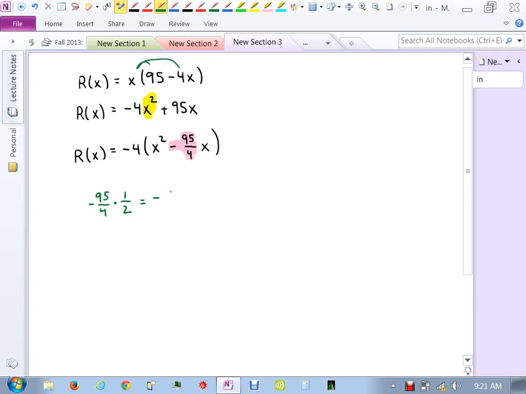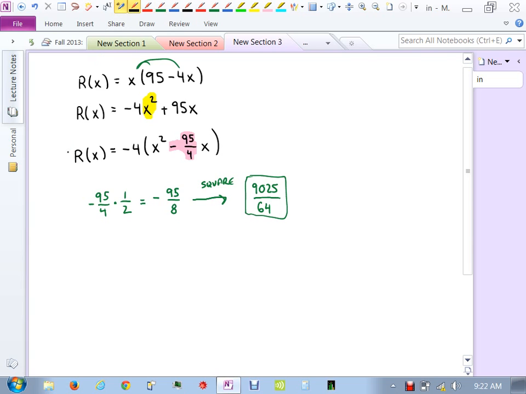So this gives me negative 95 over 8. Now I take that number and square it. When I square that, I get 9,025 over 64. This is my magic number that I'm going to use.